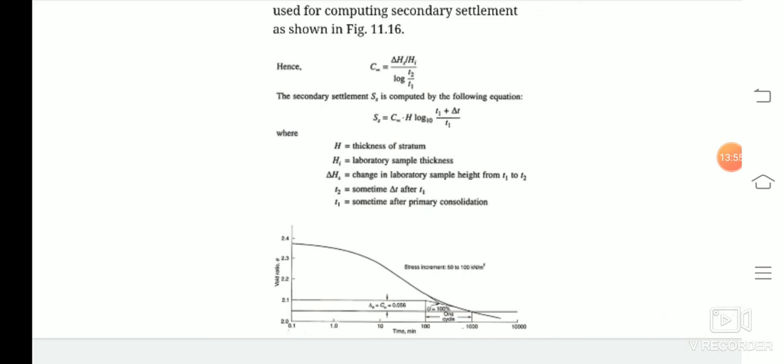The secondary settlement is given by C alpha into H log base 10 of (T1 plus delta T) by T1, where H is the total thickness of the stratum and HF is the laboratory sample thickness. Delta H is the change in height of the sample from T1 to T2, and T1 and T2 are the elapsed times, and T1 is some time after primary consolidation.